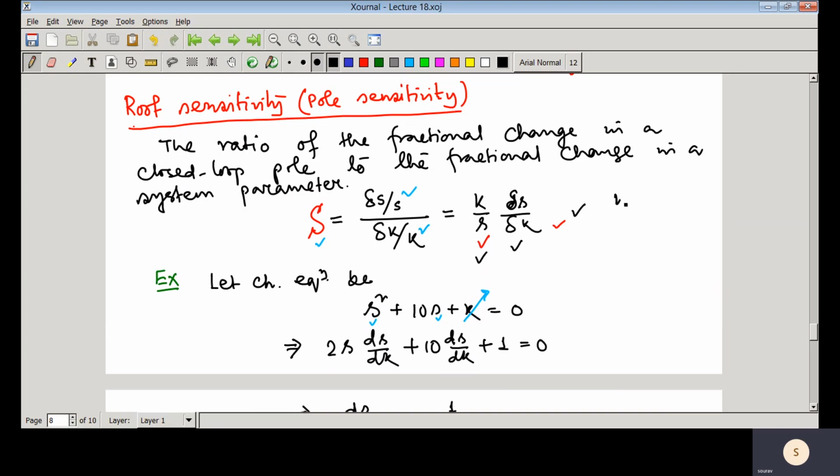You can write it here: K into S, that is delta S, the change in that root, and this is delta K, the change in K. So this is equal to S, the root sensitivity. Then you can find the change in that root, delta S, equal to small s by K, that root sensitivity, into delta K.